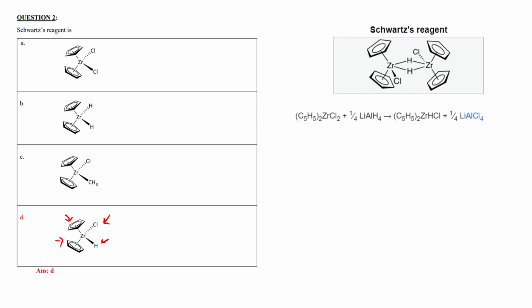But let's discuss this particular reagent and how it is used in synthesis and how it is made. With zirconium chloride and lithium aluminum hydride, this particular reagent is made in synthesis. With LAH and this particular molecule, the equivalence should be maintained because only one chloro group should be removed from your zirconium chloride salt. That's why a quarter millimole, 0.25 equivalent, of LAH, and these are the byproducts.